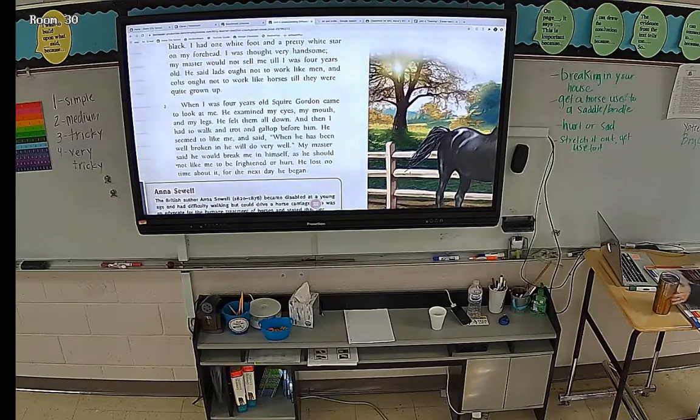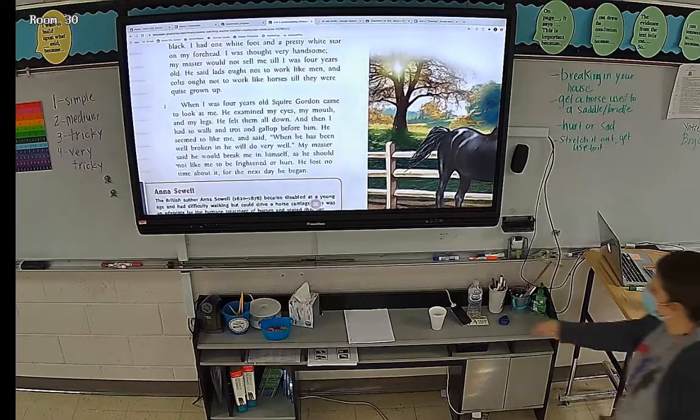Okay. When we're looking here, what do you think are some details, some sensory words that help you create a mental image? What helps you imagine what's really happening in your head? Which words help you create a mental image? Landon, what do you think? Trot and gallop.